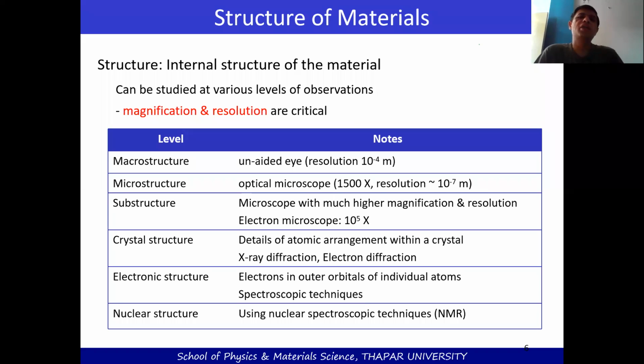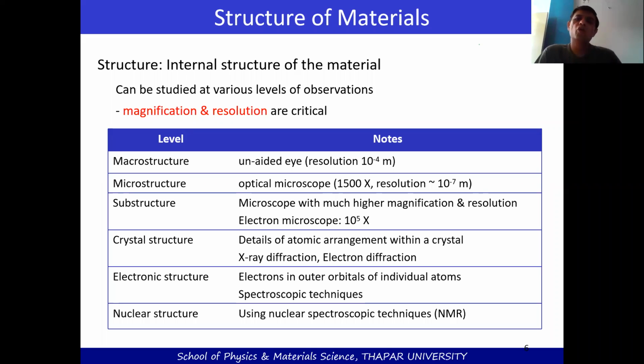The next level of structure is the electronic structure. We have also studied the electronic structure in +1 and +2 when we used to define the structure of the silicon atom. When you talk about the electronic structure of a material, it is the structure which defines the arrangement of electrons around the nucleus.